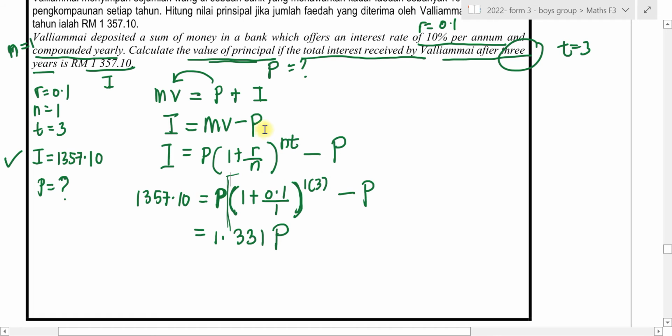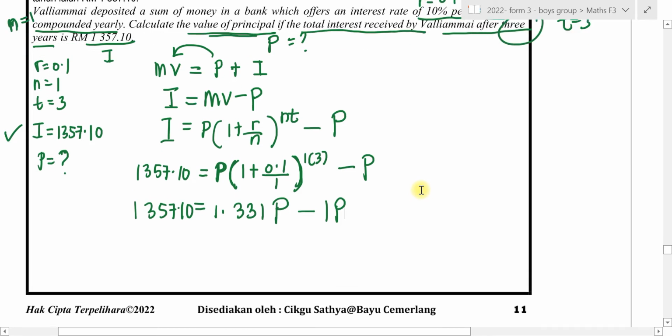Then minus the P equal to, minus P is actually 1P, right? For simplicity, I just write 1P equal to 1357.10. So we almost want to solve already.